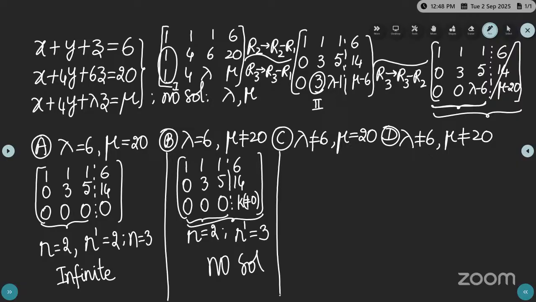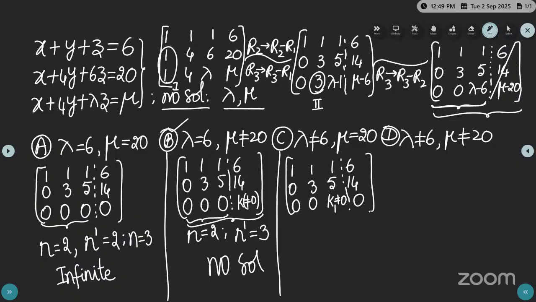What next? Do the verification for both. Here you have got the answer already: no solution for this lambda and mu. Now for this one, what are you getting? 1, 1, 1, 6; 0, 3, 5, 14; 0, 0, some k1 not equal to 0, and this is 0.